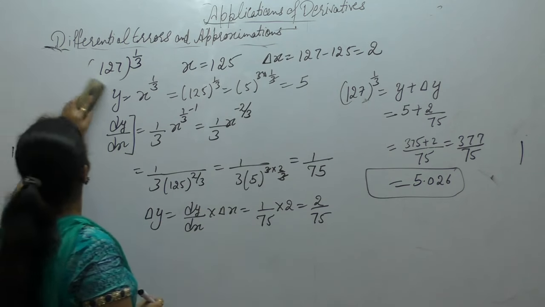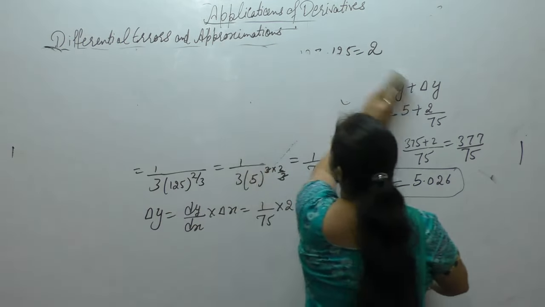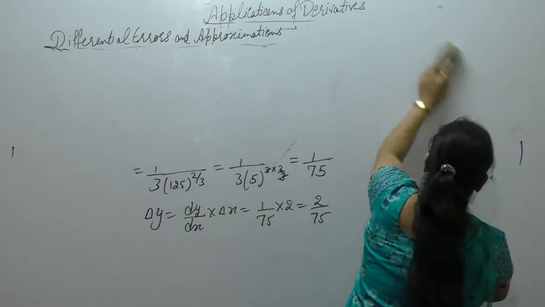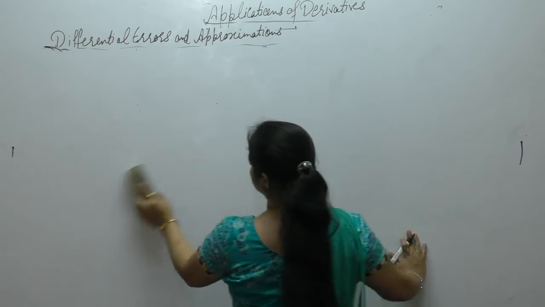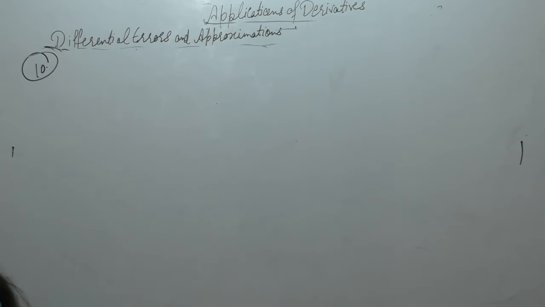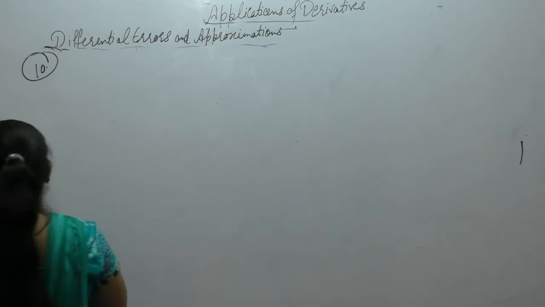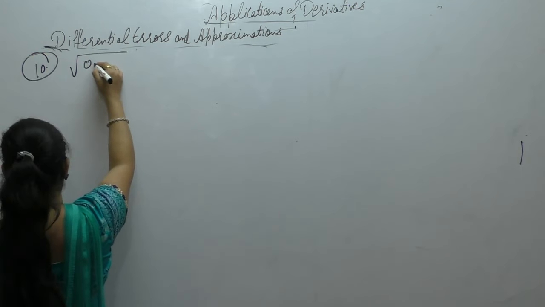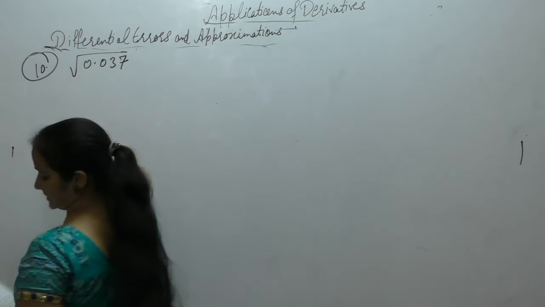Now the next one. Use differentials to find the approximate value of square root of 0.037.